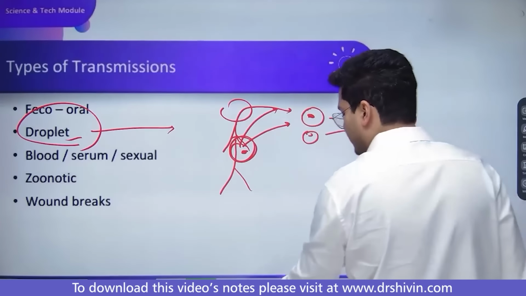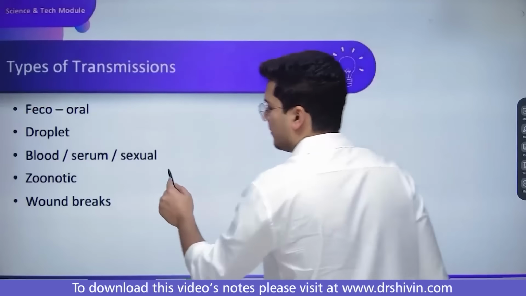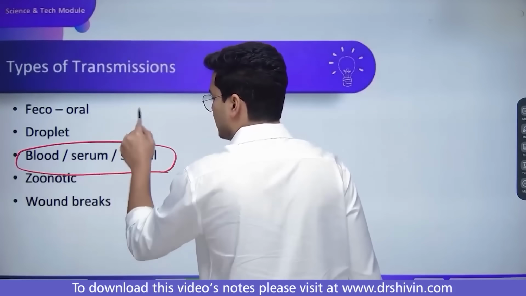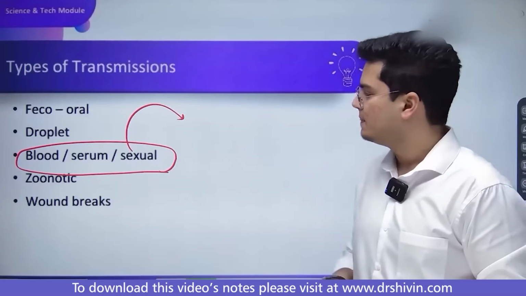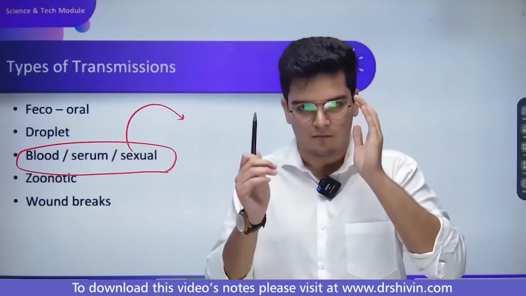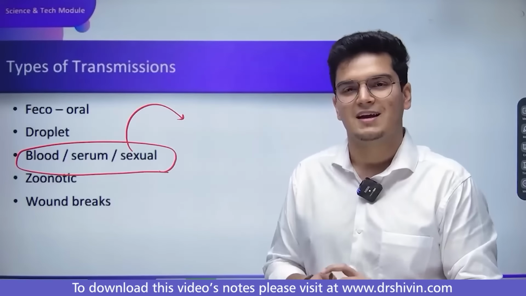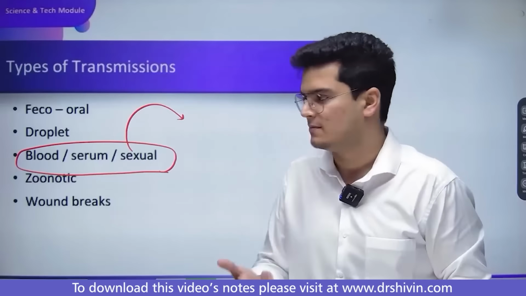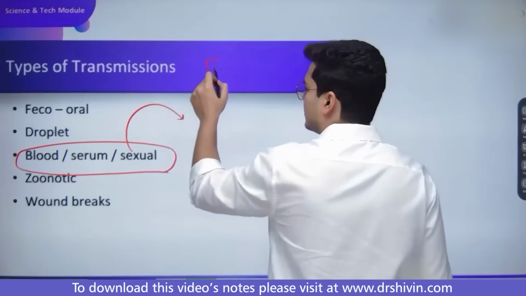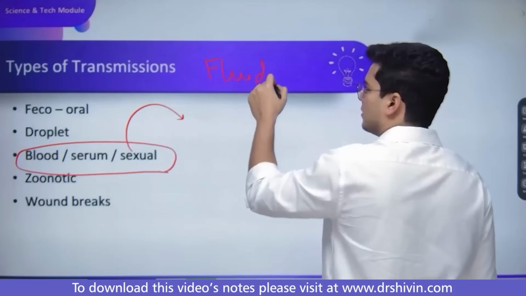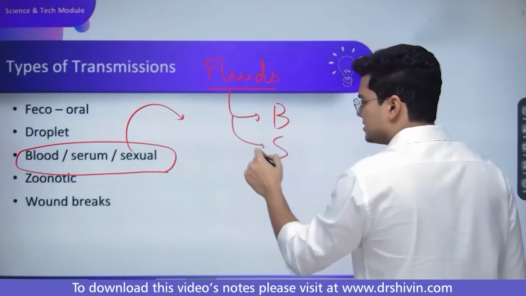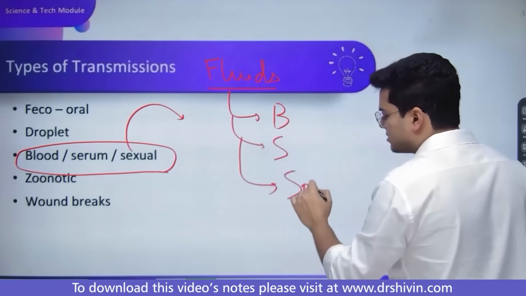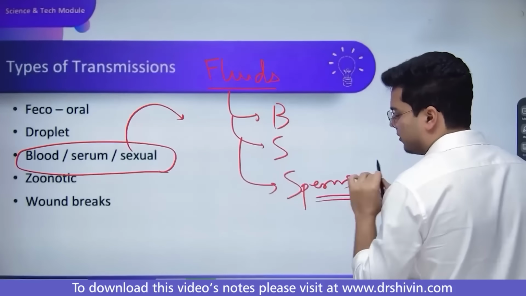Now the third type of disease transmission is blood, serum or sexual transmission. Blood, serum or sexual. This means that the microbe or the pathogen is present in your body fluids. There are many fluids in the body, for example blood is a body fluid, saliva is a body fluid, sperm or semen is also a body fluid.